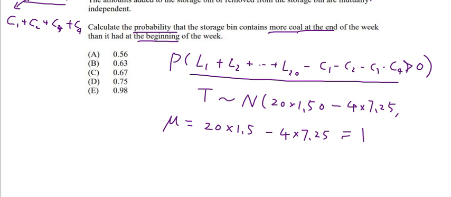And the variance, let's say sigma squared. The formula for sigma squared is the coefficient squared multiplied by sigma squared of each. So each L has standard deviation 10 L. Let's see what the variance is.